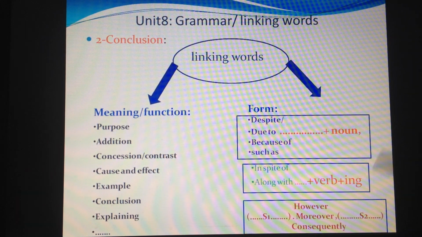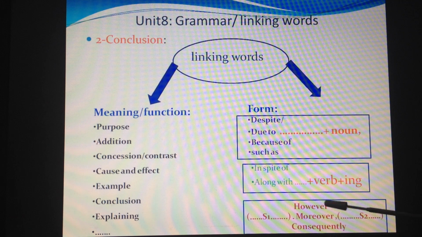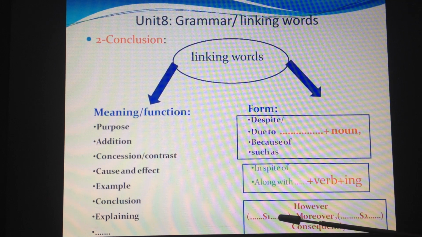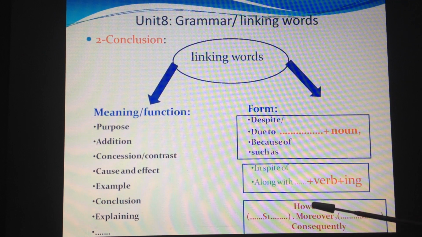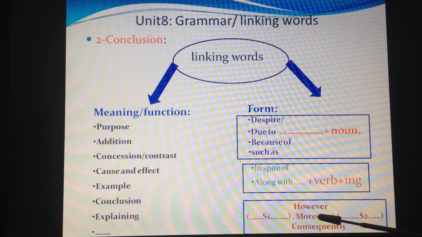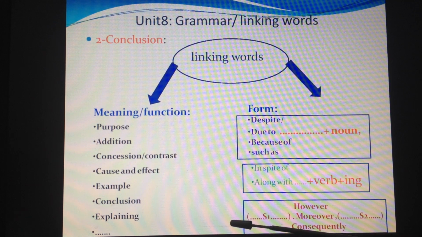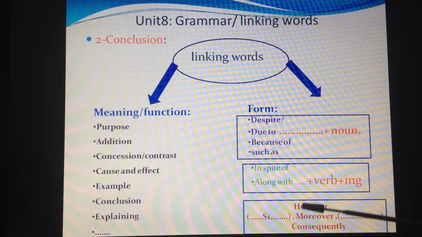The last group, these are connectors that are used in the middle between two sentences. You have the first sentence, full stop, the connector, and the second sentence. Expressions like however, moreover, consequently, as a result, therefore. So these are not used in the beginning of the sentence. Most of these are used in the middle of the sentence.